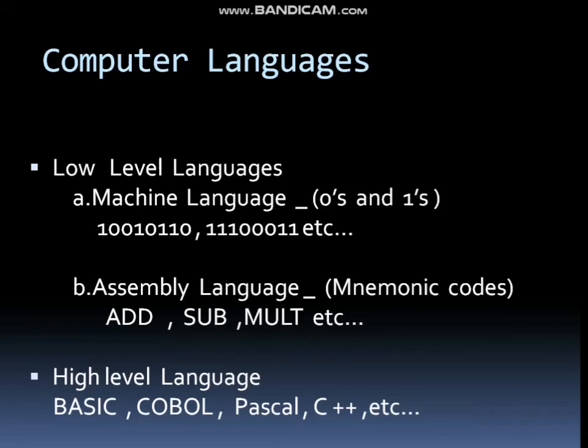Assembly language uses mnemonic codes, that is, for addition ADD, for subtraction SUB and for multiplication MULT, etc. Like this they used mnemonic codes for assembly language. High level languages you all know very well: Basic, COBOL, Pascal, Fortran, C++, etc., which we are using nowadays.